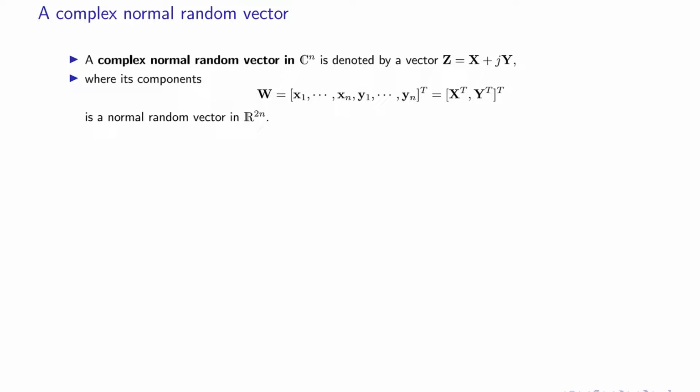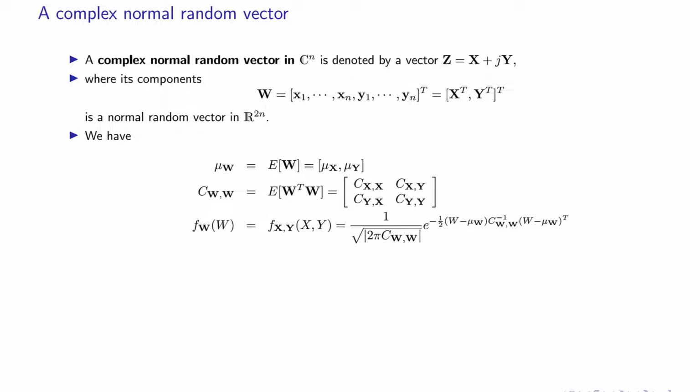So for a complex random vector, usually you consider z equal to x plus jy, which is equivalent to a 2n random vector. Its components are written like that. This is why we suggest working with this random vector w and not with z for the general case, except for the cases where our formulation may become more condensed and simple.